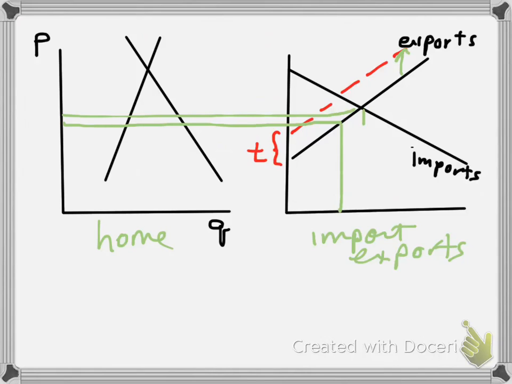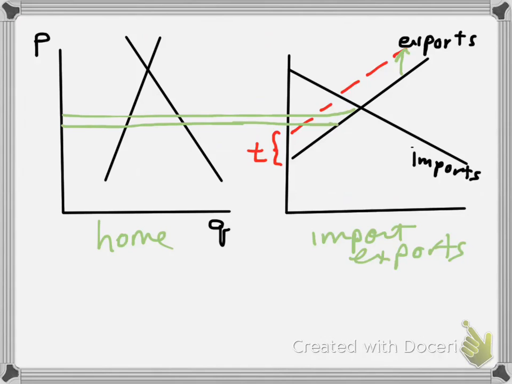And now we look and see, well, if we add T to that, how much is import demand? Import demand is still less than export supply. So the price is going to fall, again, a little bit more. So we go and drop the price a little bit more.